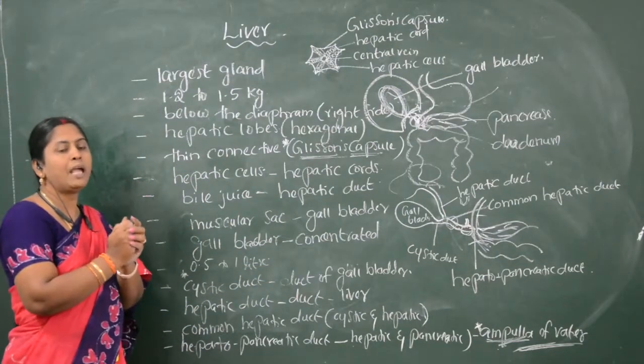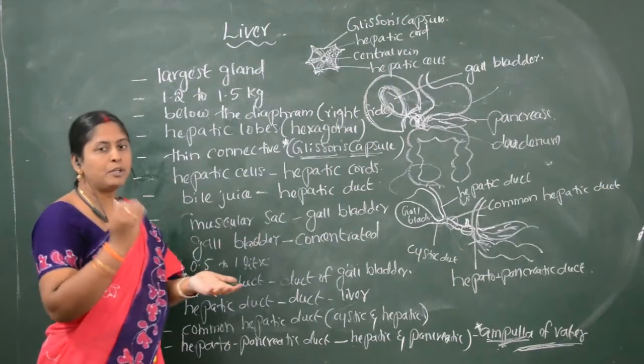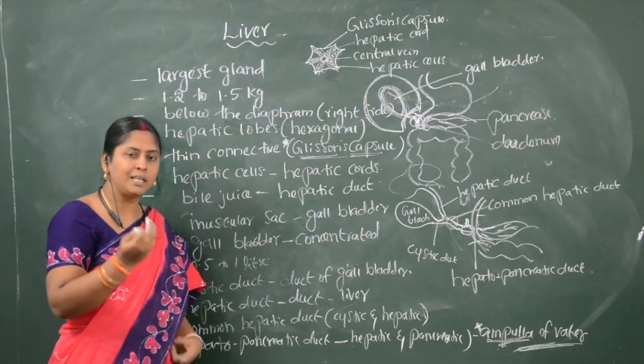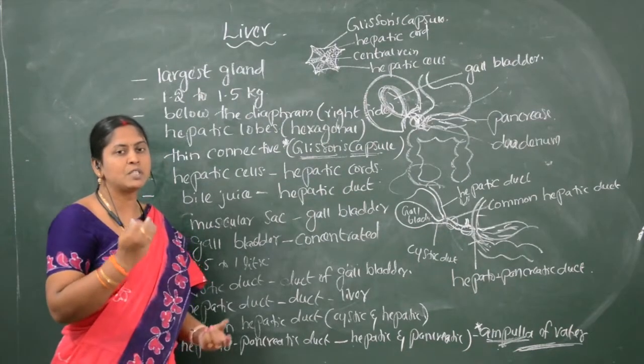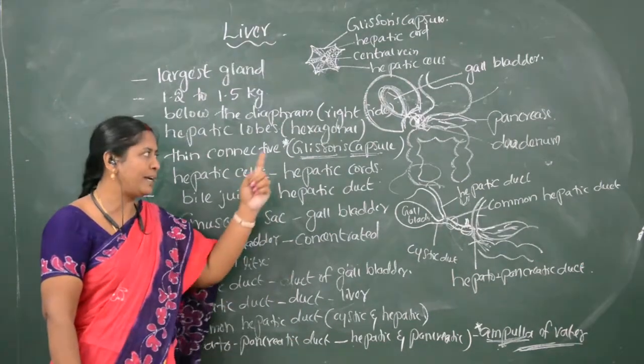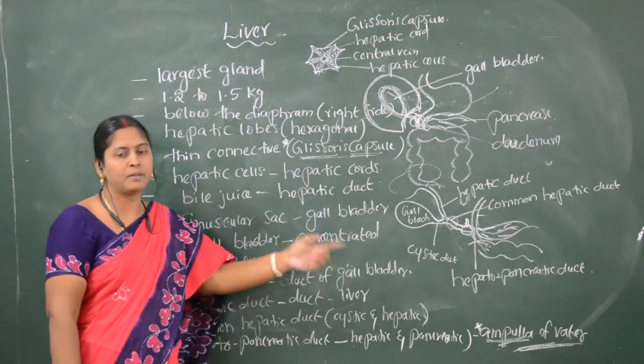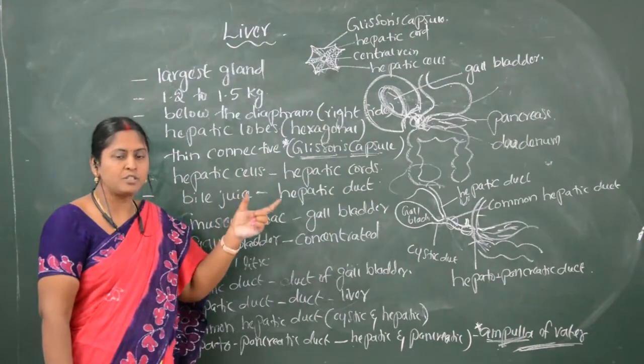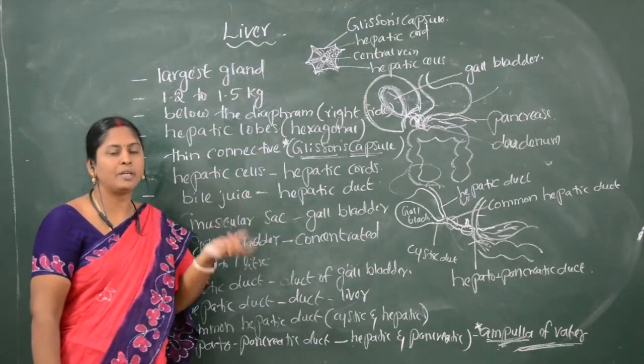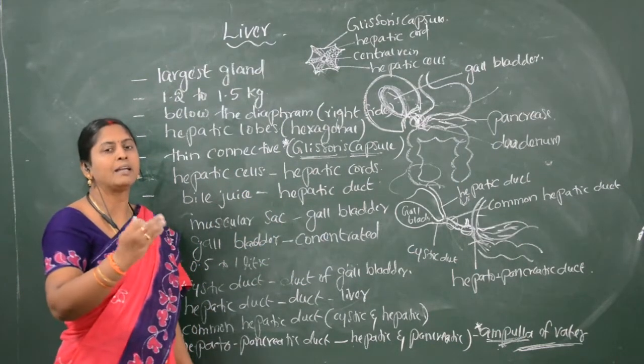What is meant by hepatopancreatic duct? Hepatopancreatic duct is nothing but the duct formed by the union of hepatic duct coming from the liver and pancreatic duct coming from the pancreas. Both unite together and form a common duct called hepatopancreatic duct.